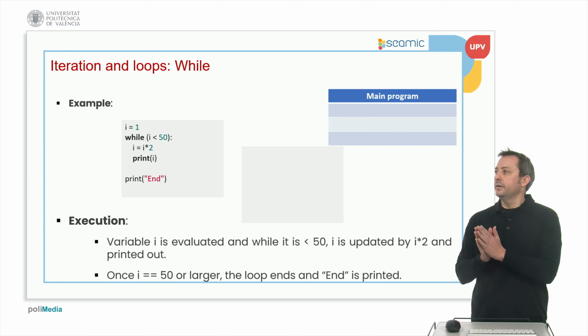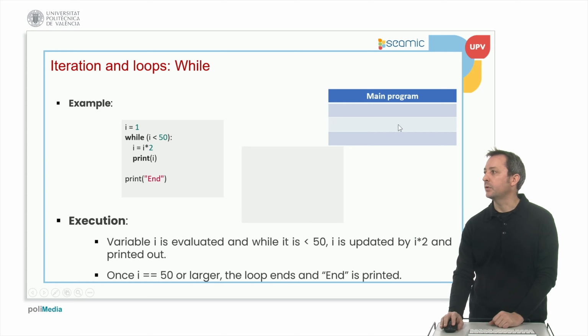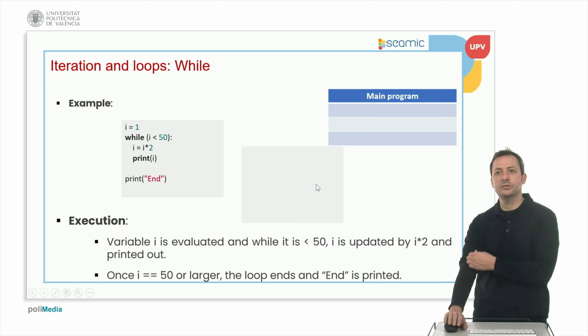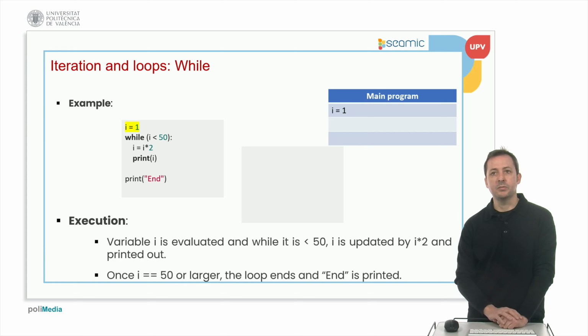Here you have the main program memory, and here the output terminal, in order to see how this works. First of all, this instruction will create a variable I with value 1, and then let's go here where this condition is checked.